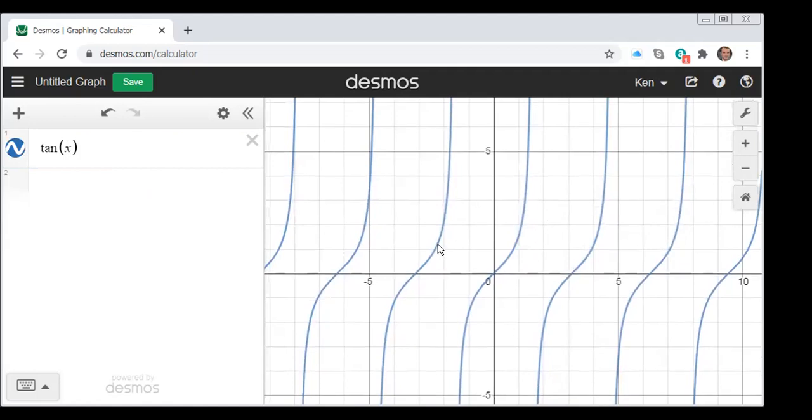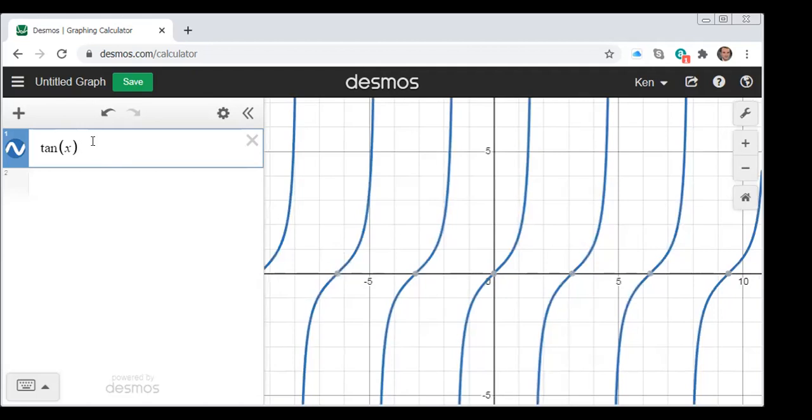Where you see these vertical asymptotes, the first ones occur at pi over 2 and negative pi over 2. And then it's periodic, so they continue to occur at regular intervals.